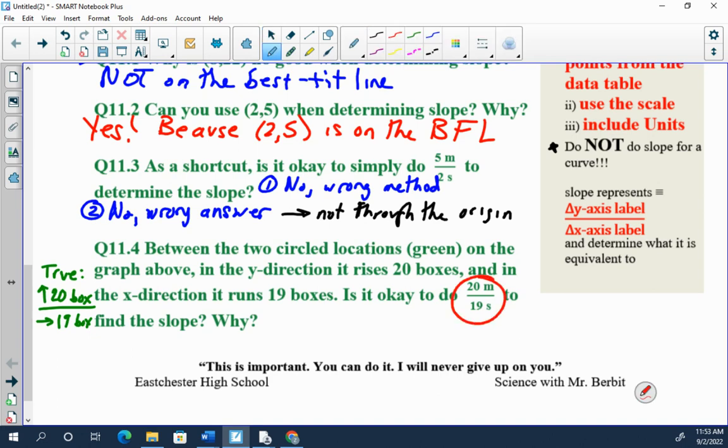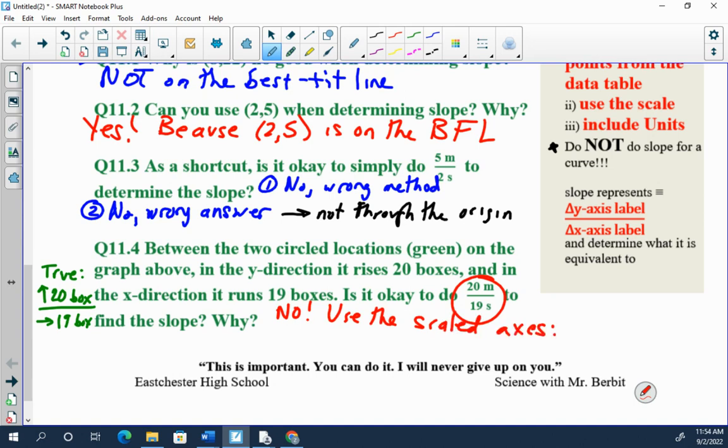But the question is not 20 boxes, 19 boxes. If the y-axis represents meters or a distance, and the x-axis represents seconds or a time, is it 20 meters over 19 seconds? Is that legit? And the answer? No! Use the scaled axes.